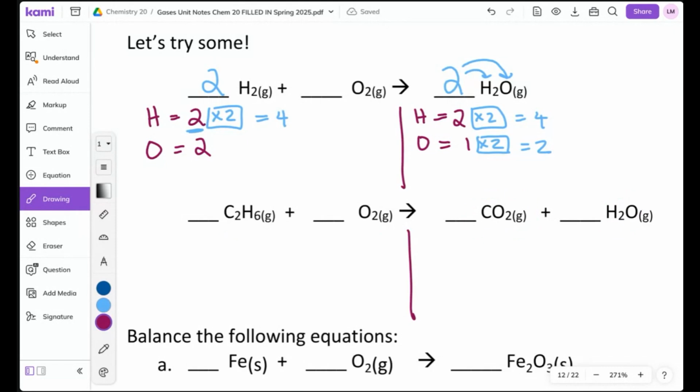And since it's a combustion reaction, ultimately it doesn't really matter which order you balance your elements in. However, for combustion reactions, there is one way that does make it a bit easier, and the order is you balance your carbons first, then your hydrogens, and then you leave oxygen to the very end.